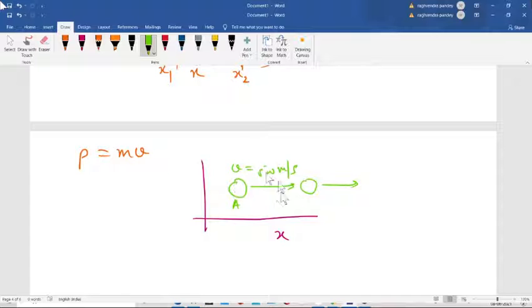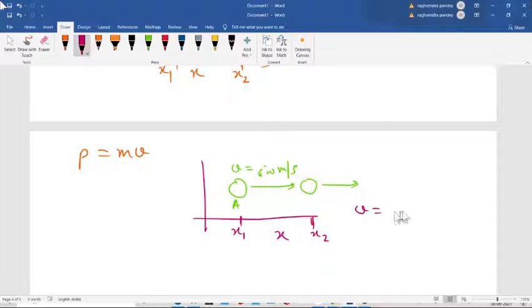If I want to measure its velocity, how do we measure the velocity of something? Yes, distance traveled divided by the time. Suppose this is position x1, this is position x2.